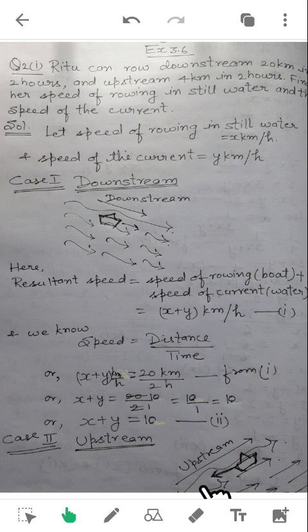This is the case of upstream, when the directions of both are opposite. So this is upstream, when the direction of a steamer or a boat is opposite to the direction of the flow of the water.